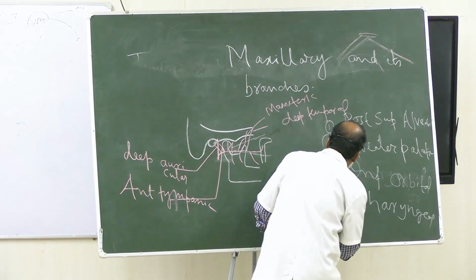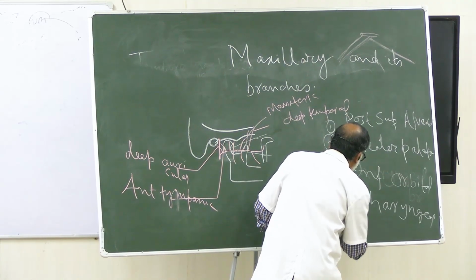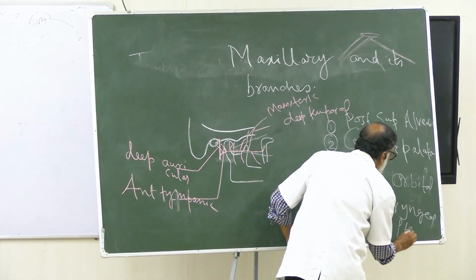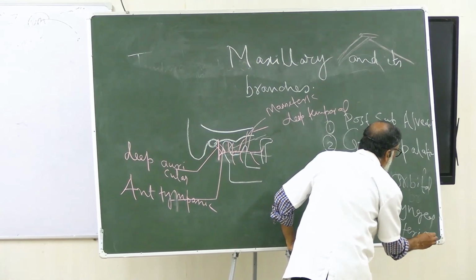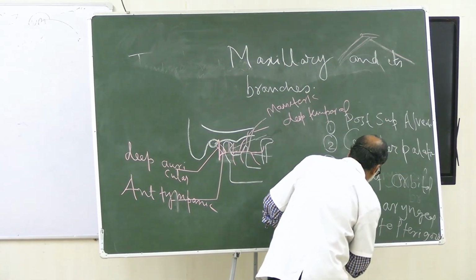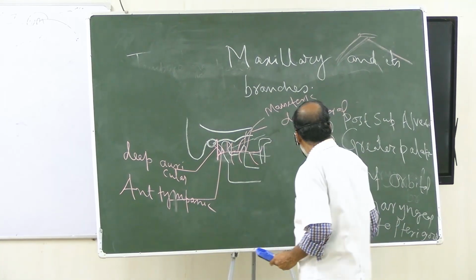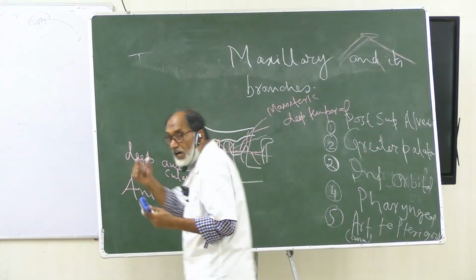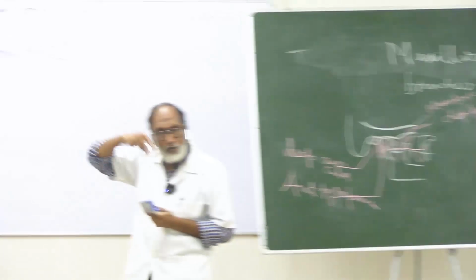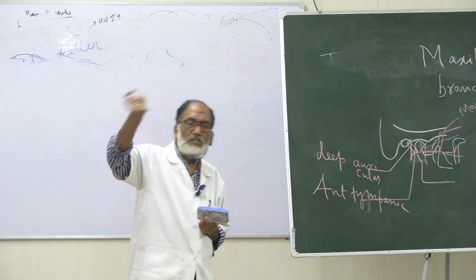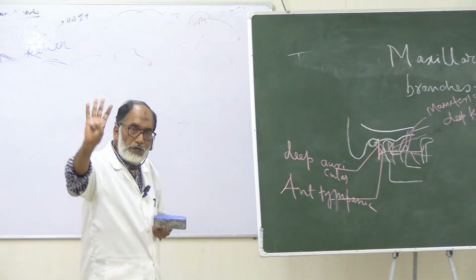An artery to the pterygoid canal. And now the sphenopalatine artery will pass through the sphenopalatine foramen and will supply the nose. Right?